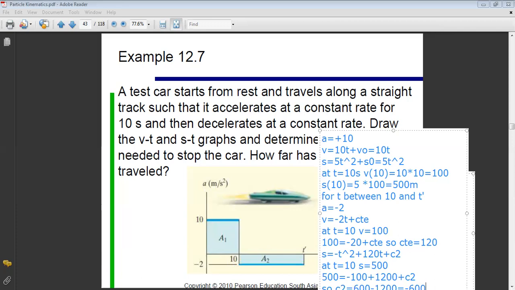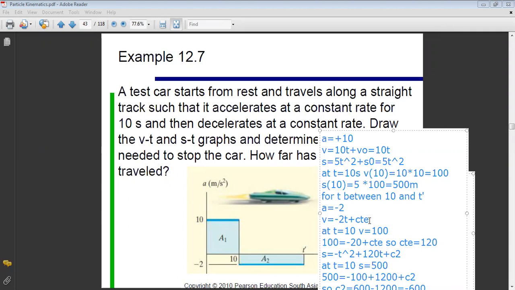What I need to find is the value of t prime. To find the value of t prime for which the car will stop, what equation should I use? V is equal to 0. Exactly. So I found that V is minus 2t plus the constant, which is 120.